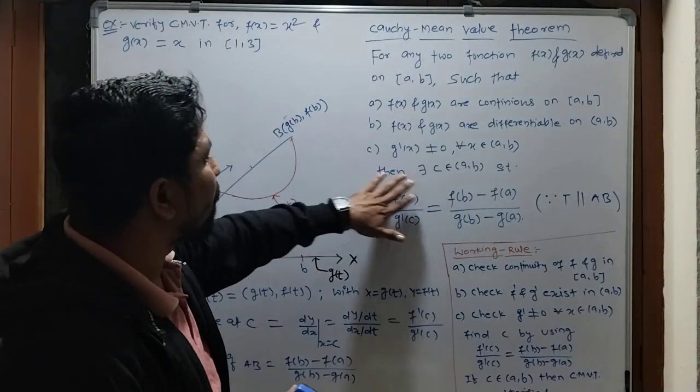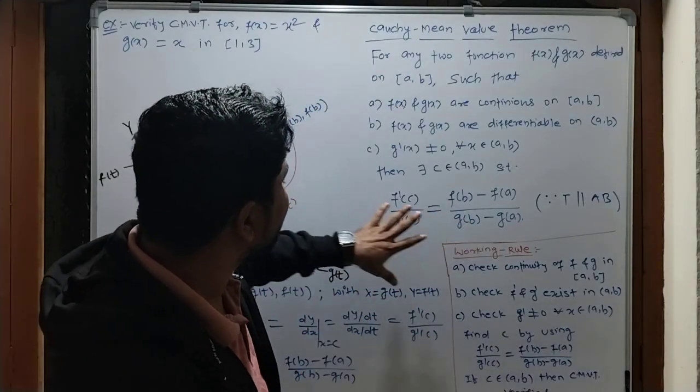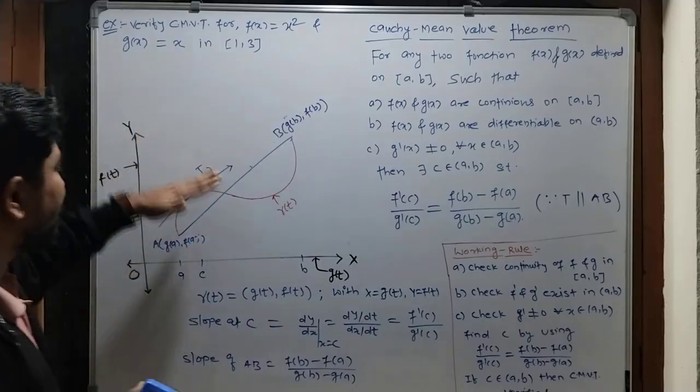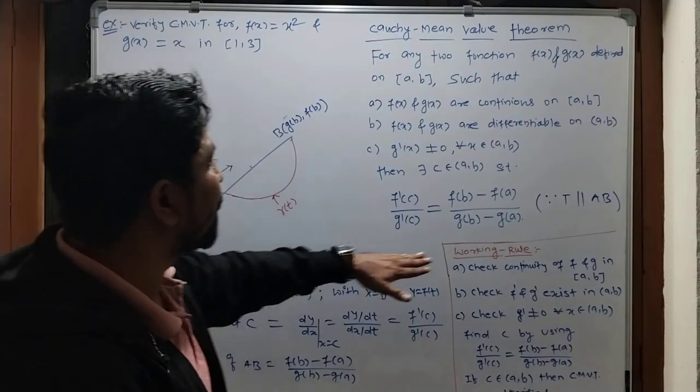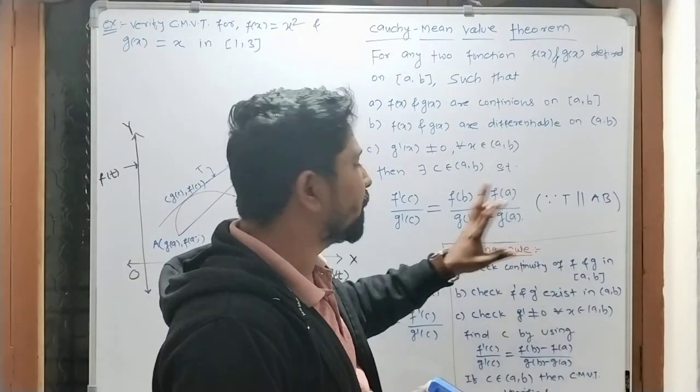This is the local, instantaneous change in f with respect to g. This is the total change in f with respect to g.